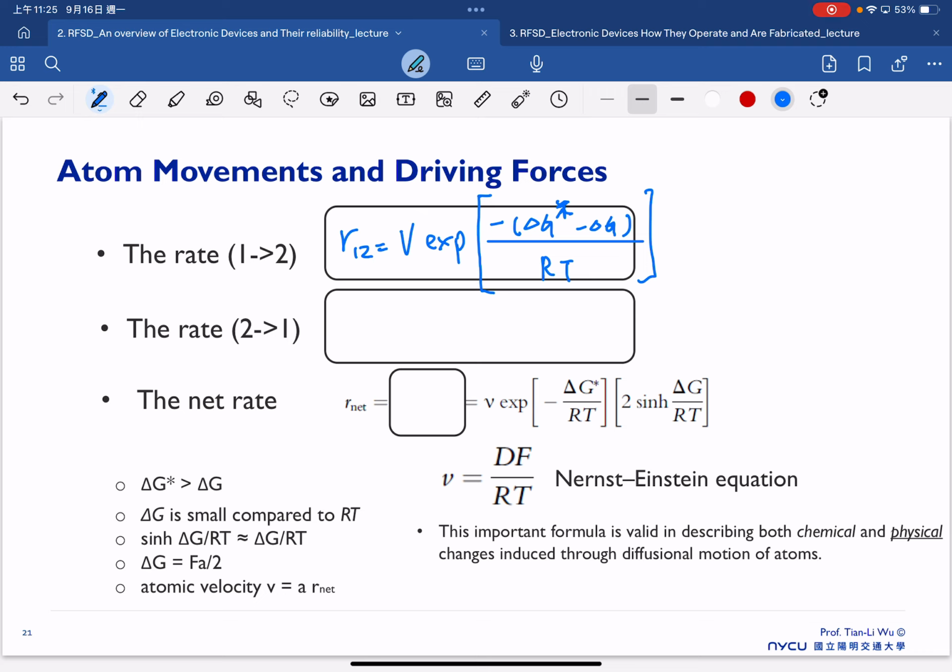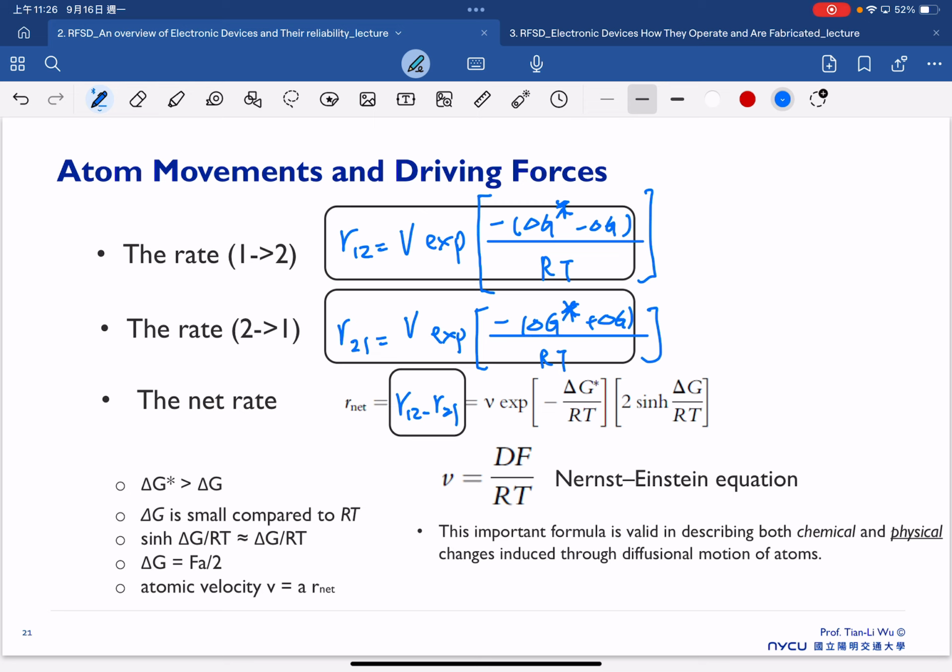And also the rate from 2 to 1, R21, is equal to V exponential of minus delta G star plus delta G over RT. So that's the rate from 2 to 1 here. And therefore the net rate will be equal to R12 minus R21, which is equal to this equation.